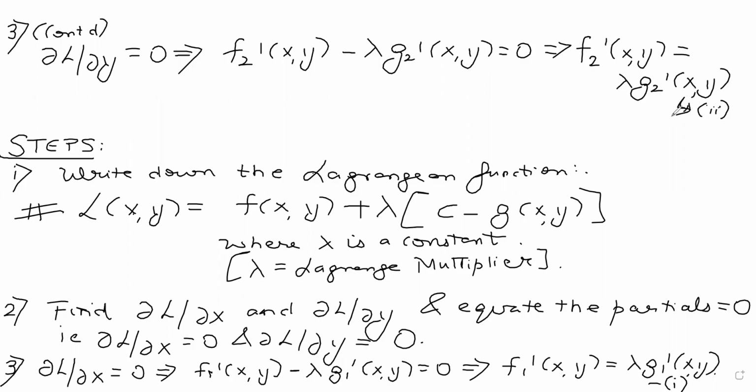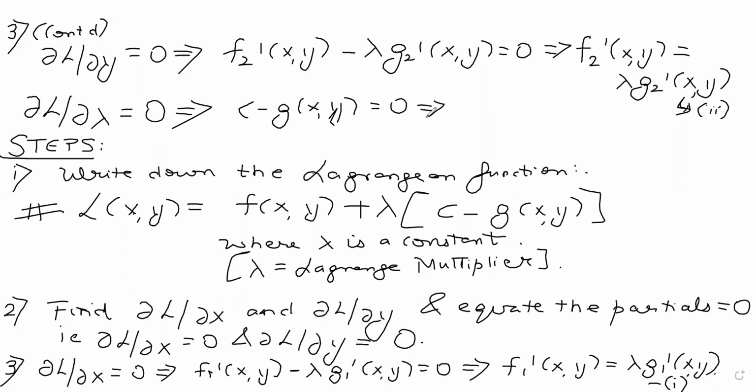Then our third equation is del L by del lambda equal to 0. You also differentiate the Lagrange with respect to the Lagrange multiplier lambda. If you do that, you simply get back the constraint, C minus G of xy equal to 0, which implies G of xy is equal to C. This is my third equation.